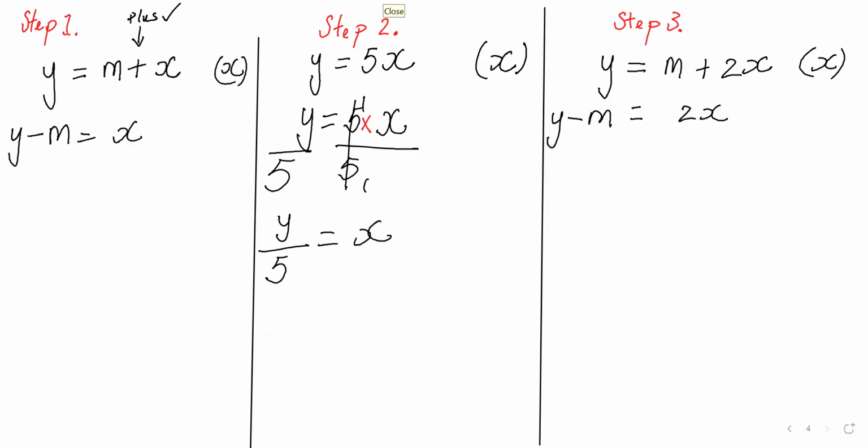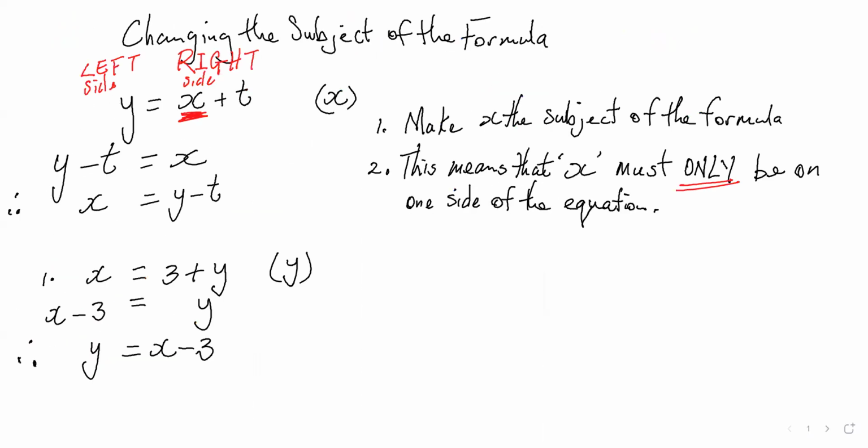Not sure, but if I am copying from the thing on top here, it's supposed to be positive. Remember, were you here when I was explaining when I started off this? Right. And when you're making x the subject of the formula, read line 2.